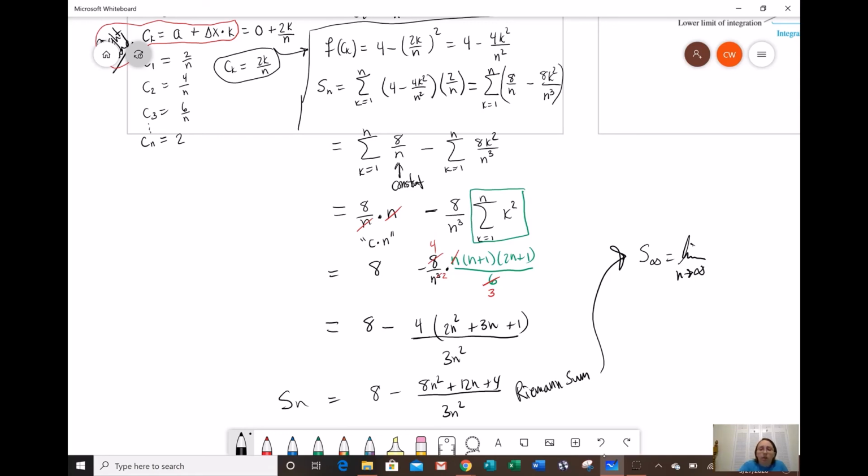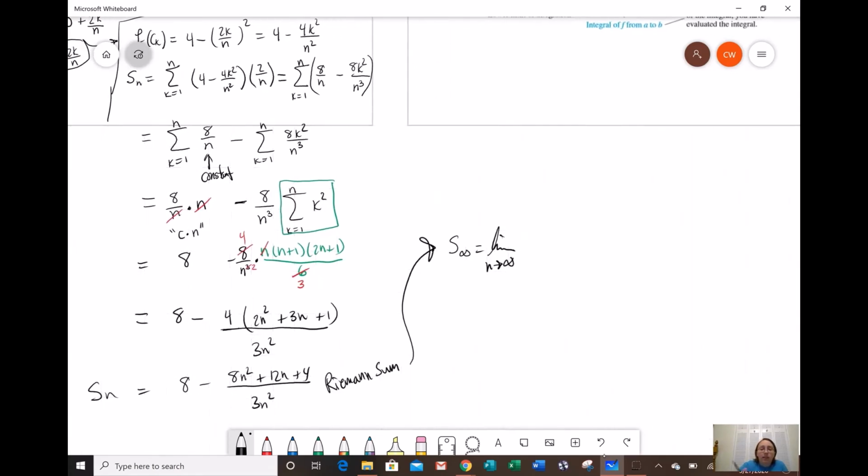Now, why did I say, well, that's good enough? Because that is something we can take the limit of. We have 8 minus 8n squared plus 12n plus 4 over 3n squared. The 8 is a constant, so he just chills out. Minus, limit of a constant is a constant, remember that? This guy here, this is a rational expression with the power on the top and the bottom equal, so the limit is just the coefficients in front.